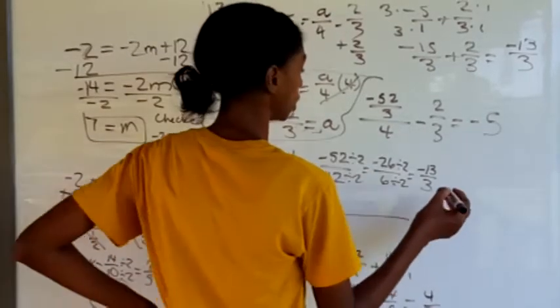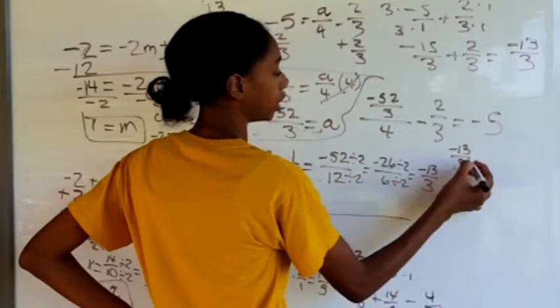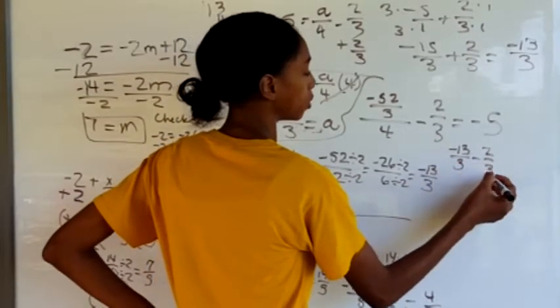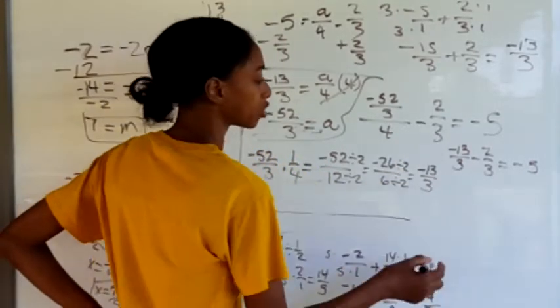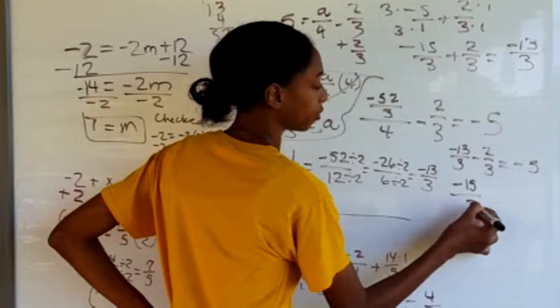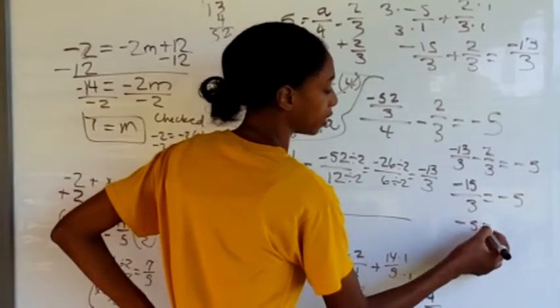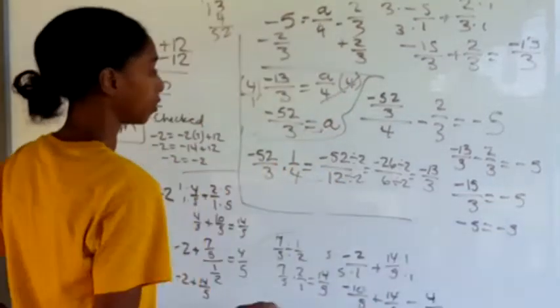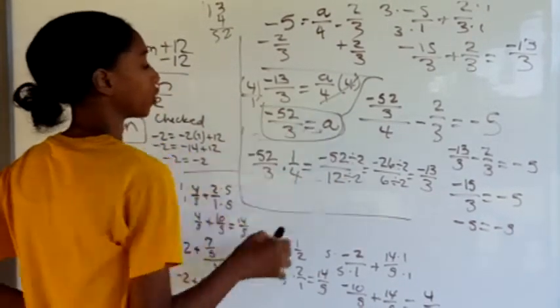So that leaves us with negative 13 over 3 minus 2/3 equals negative 5. Negative 13 minus 2 is negative 15. So that's negative 15 over 3 equals negative 5. Negative 15 divided by 3 is negative 5. Negative 5 equals negative 5. So our a equals negative 52 over 3 is correct.